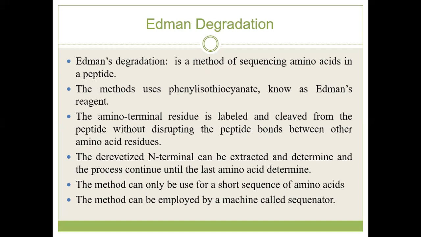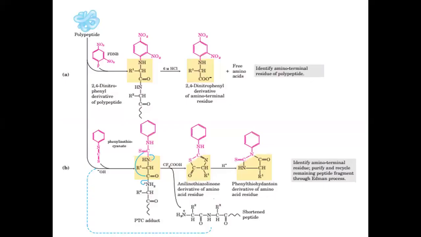This chemical reacts with the amino terminal residue at an alkaline pH to produce another derivative called phenyl thiocarbamyl adduct. This adduct, in the presence of anhydrous trifluoroacetic acid, the peptide bond holding the N-terminal and the remaining will be cut.